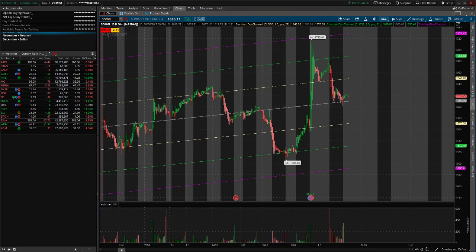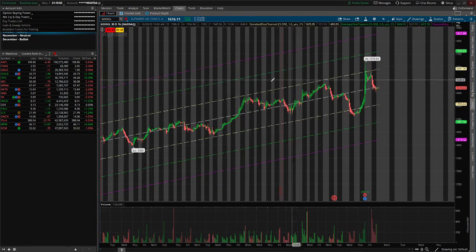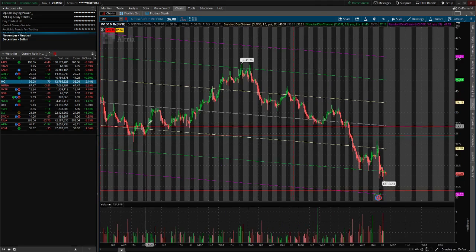So I'll start at the 30-day chart. I don't like Google, so this one. I'll start at the 30. I'll pick the lowest number. I'll draw a line.